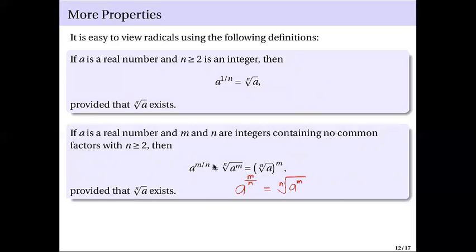So A to the m is inside the nth root, or the nth root of A is raised to the power m. Okay? So again, provided that nth root of A exists.